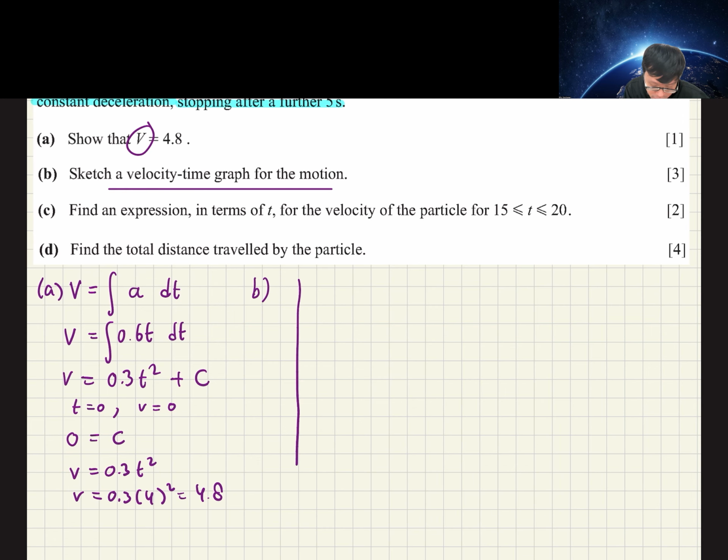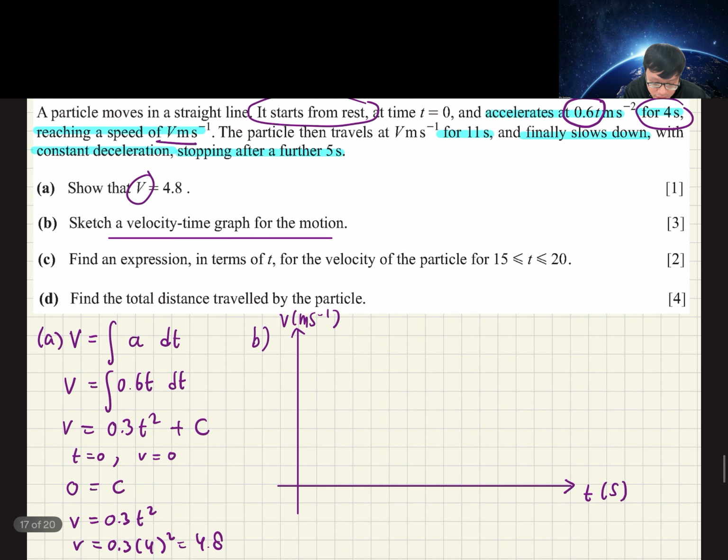Now, the next question is, sketch a velocity-time graph for the motion. So let's sketch the graph. Velocity-time graph, so the y-axis is v in meters per second, and the x-axis is time in seconds. Okay, how do we sketch the graph? First, we know that it starts from rest, so start from here. And then within 4 seconds, it accelerates at 0.6t, and you already have the velocity equation from 0 to 4, which is 0.3t squared, and we know that is quadratic, right? So the shape will be quadratic, opens up.